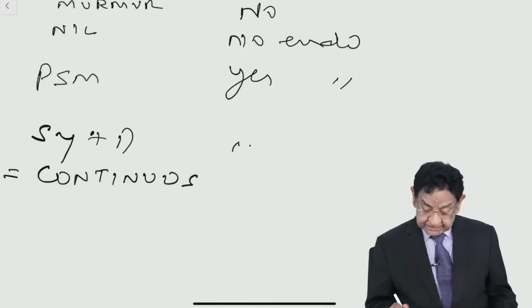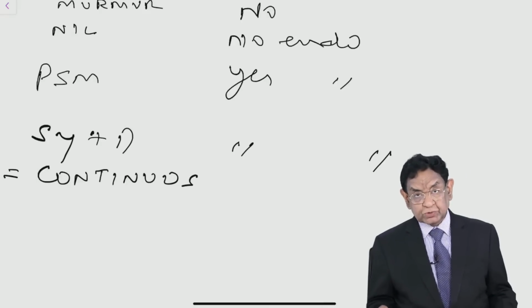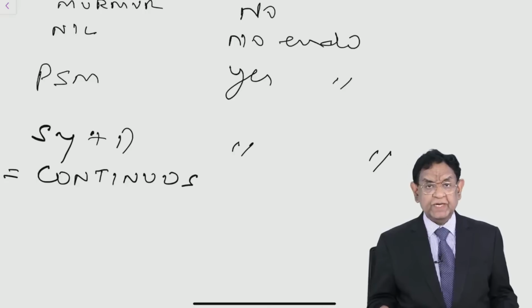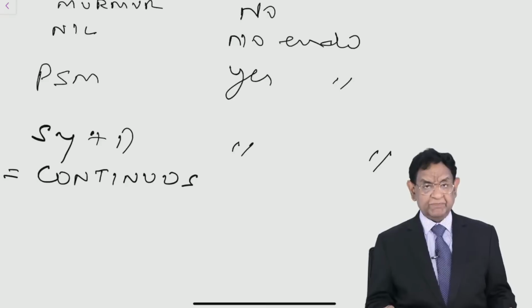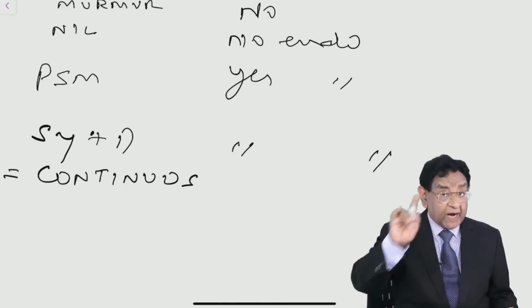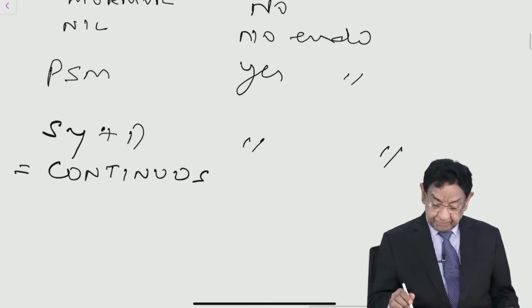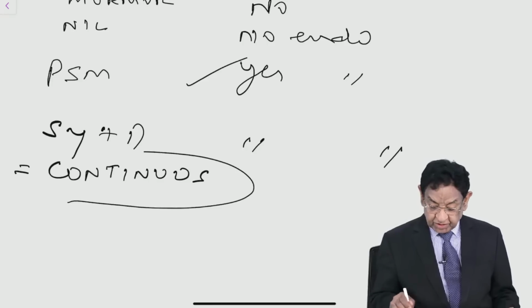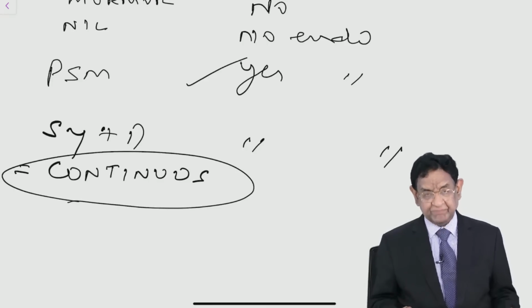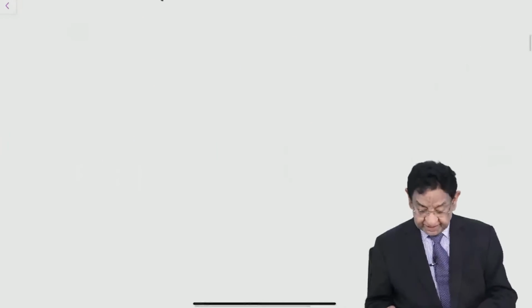Jet phenomenon, yes. Endocarditis, yes. So the easy question was that we don't need to give prophylaxis in ASD. But the rank 1 question, now you know why we do not need prophylaxis, why you get a pan-systolic murmur in VSD, and why you get a continuous murmur in PDA. I hope things are very, very clear to you.